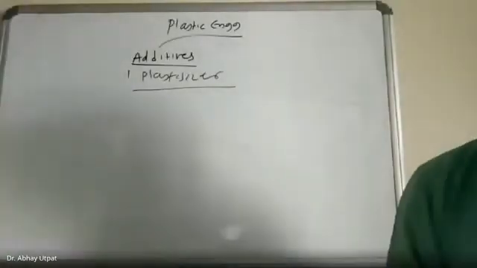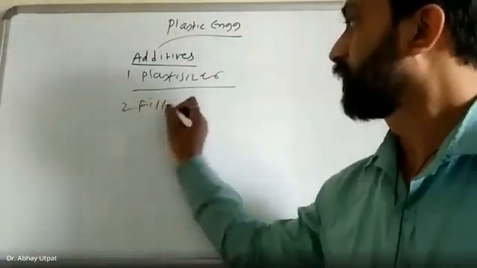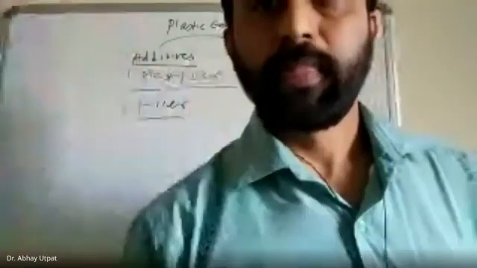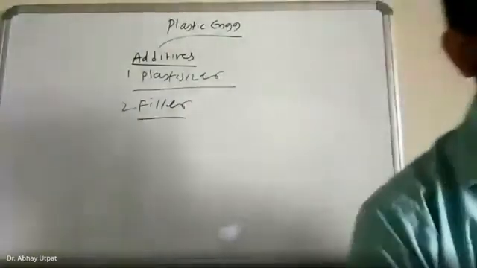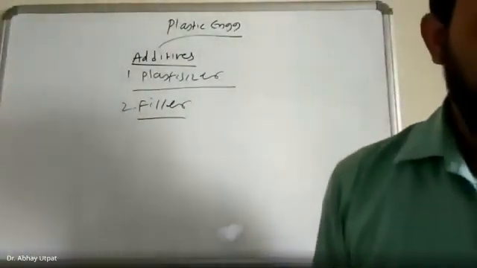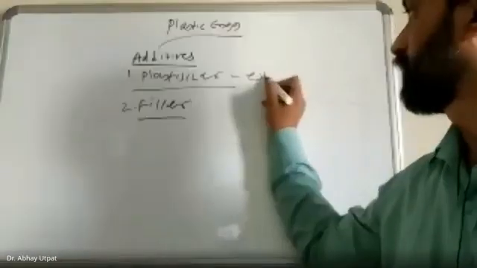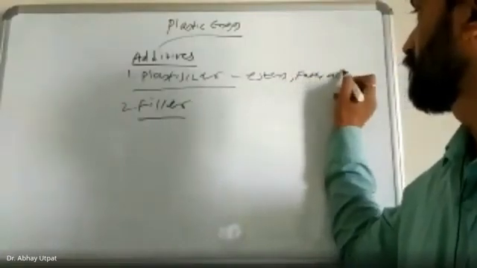Then the next one is the filler. Still students are joining late. So for plasticizers, you add esters, fatty acids. These are the elements which are added for improving flow characteristics.